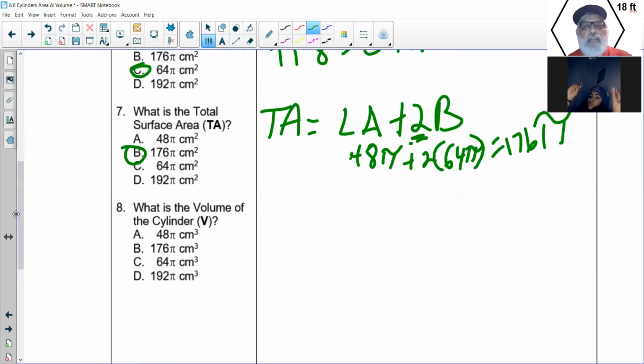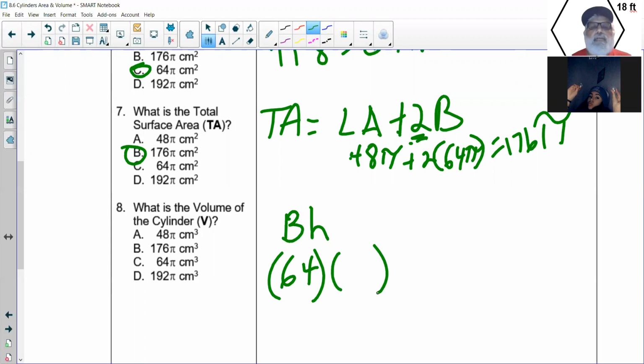And then on this one, the volume. You're going to get the area of the base, which was the answer you got from number 6, times the height. The area of the base was 64.